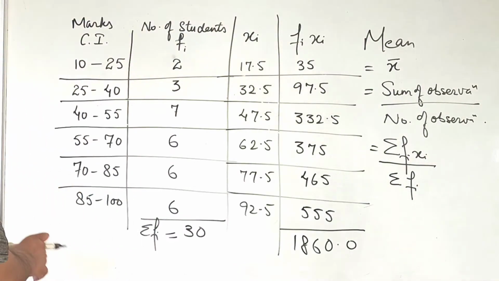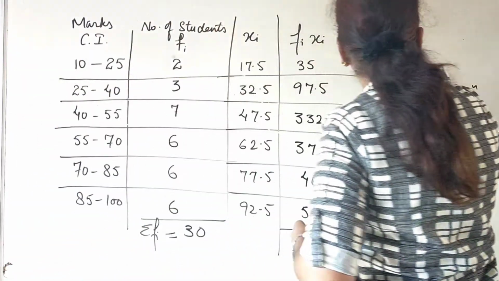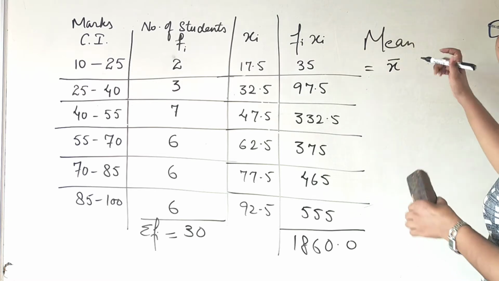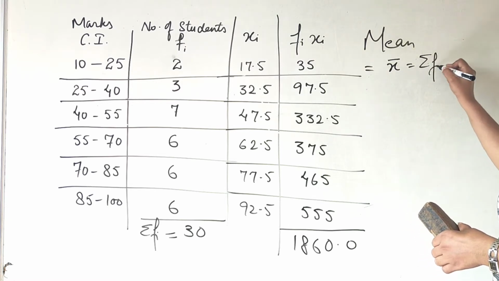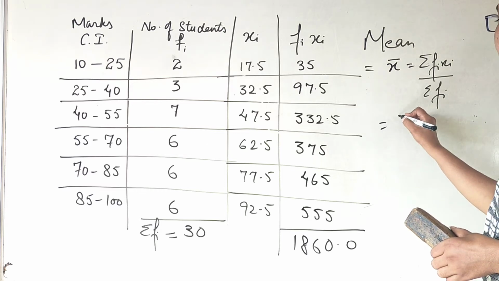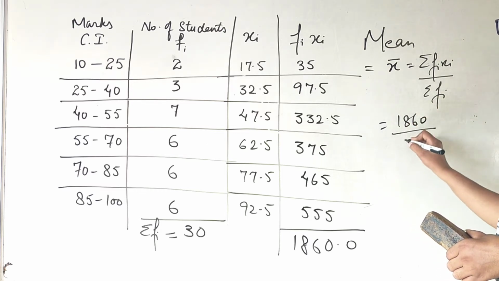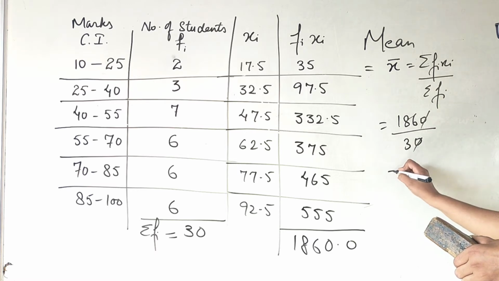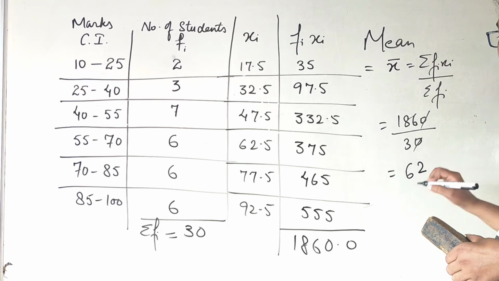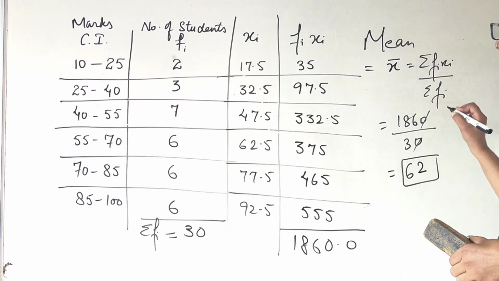So x bar is the summation of fi xi upon the summation of fi. So it will be 1860 upon 30. Cancel out: 3 6 18, 3 2 6, and 62 is the mean.